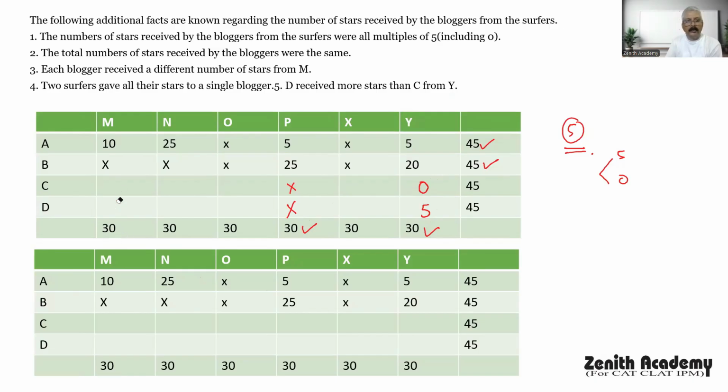Here 20 is left with M. It is given that two surfers gave all their stars to a single blogger, so it can be only O and X. So suppose here O gives all 30 stars to C, then X will give all 30 stars to D. Or O gives all 30 stars to D, then X will give all 30 stars to C. These are two possibilities.